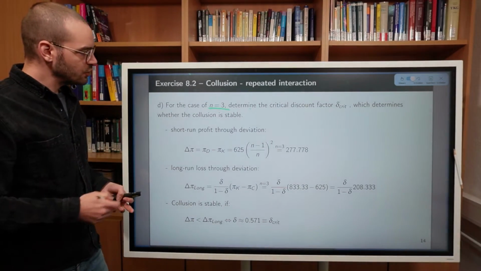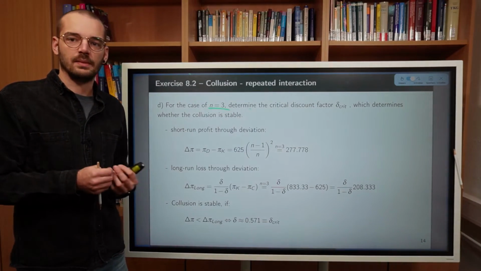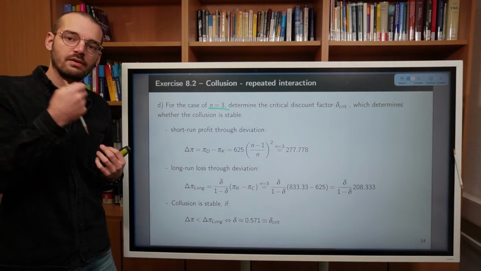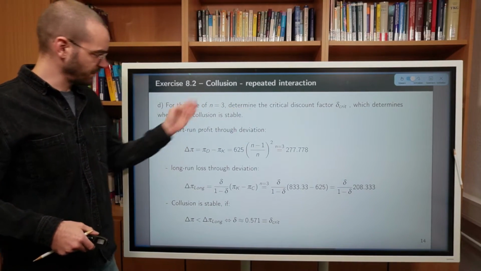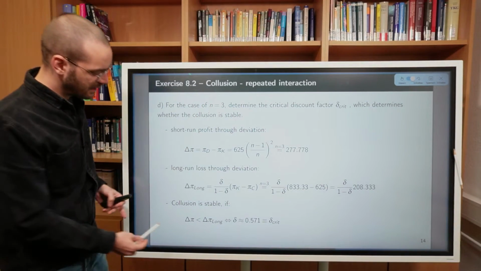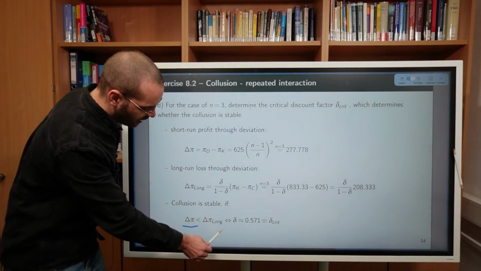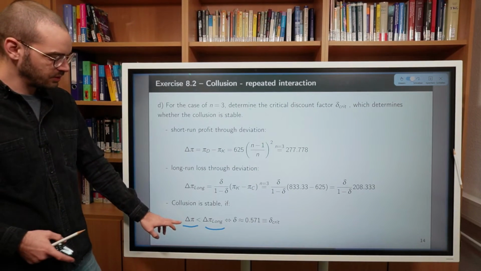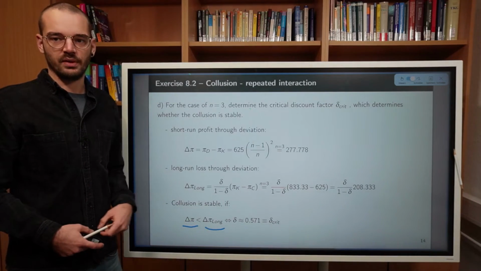What we can do, just to reiterate this whole concept of the critical discount factor, and to go through this thought process one last time, is we can again compare the short-term incentive to deviate with the long-term punishment of deviation, or the short-term change in profits with the long-term change in profits.